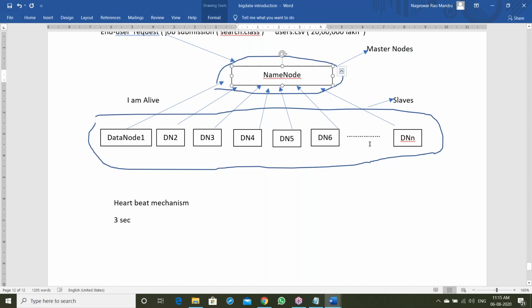Now all the nodes are sending heartbeats to the name node saying that I am alive. So the name node receives heartbeats, right? Suppose the name node is not receiving heartbeats from a data node, what happens?